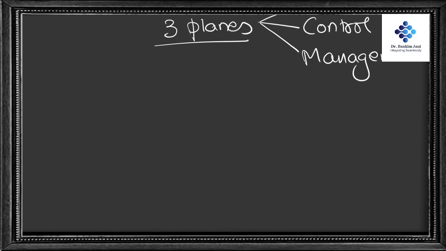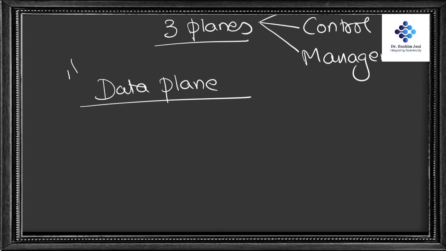So let's start with what is data plane. Initially this will be a bit easy, but as we progress you'll find that a lot of imagination would be required. So just remember these three planes very clearly, what exactly they will be doing.